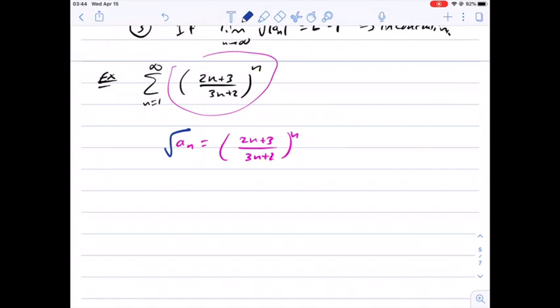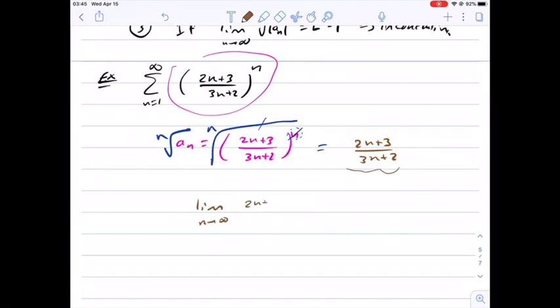And then we take the nth root. So the nth root will cancel the power n, and we get 2n plus 3 over 3n plus 2, and that simplifies the computations.